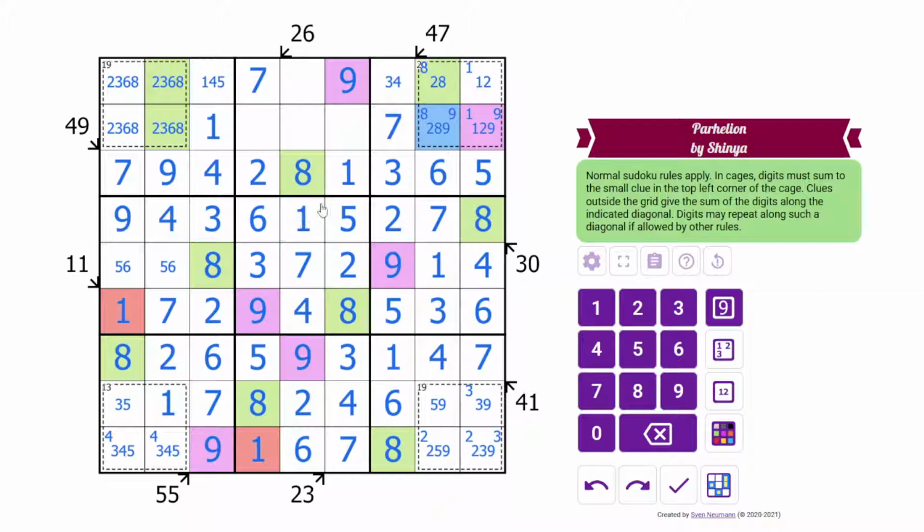1, 1, 2, 3, 4, 5, 6. 3, 5. Come on, crack. 3. Instead of 4. 5.